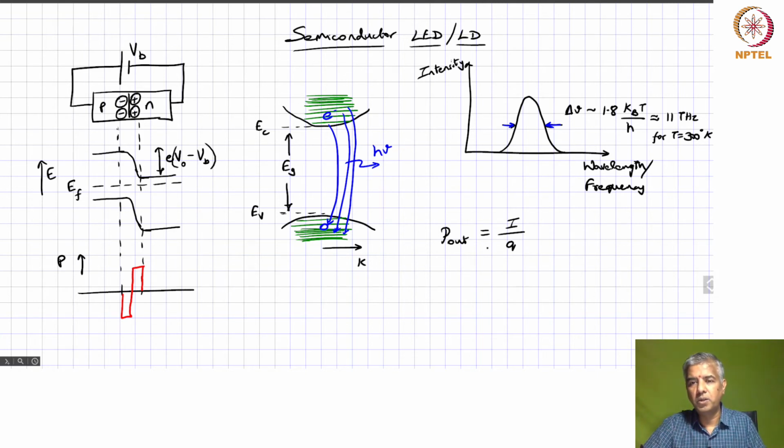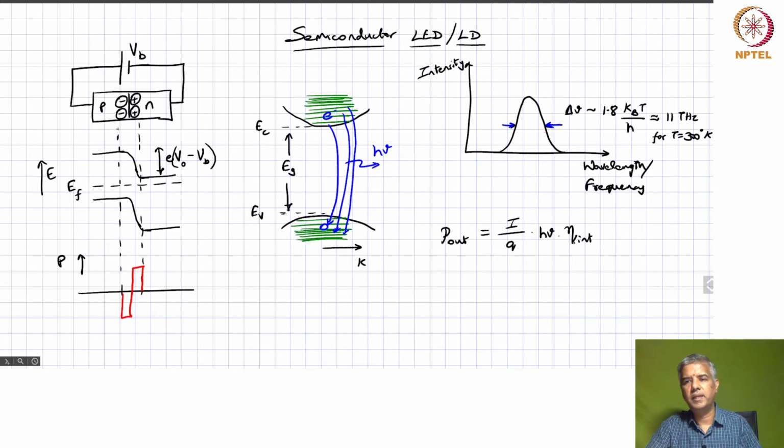So I over q corresponds to the rate at which carriers are injected into this PN structure, and those carriers are converted into photons which have an energy h nu, and that is through a recombination process, right? Which is determined by eta int.